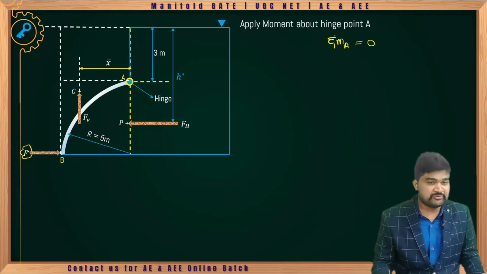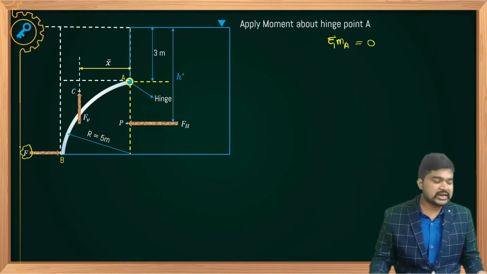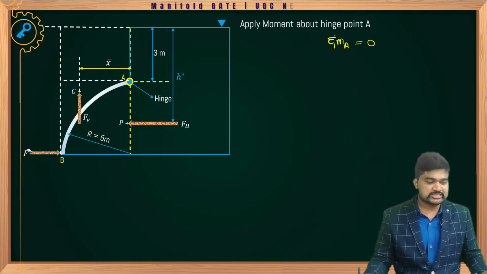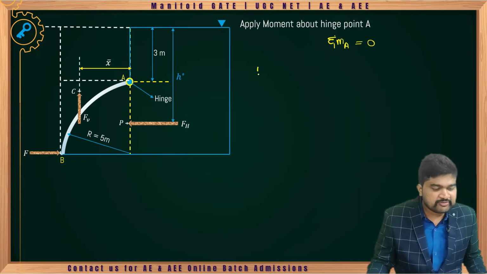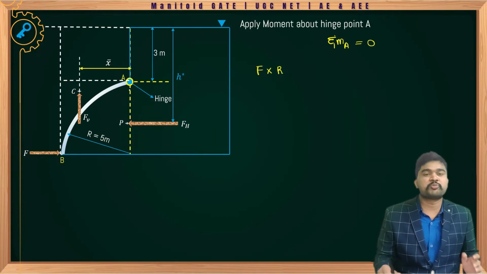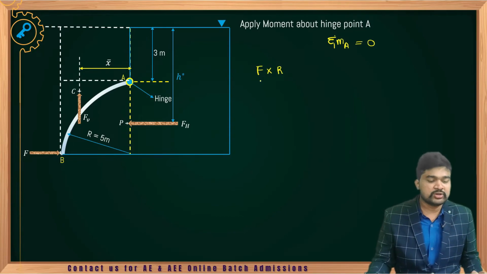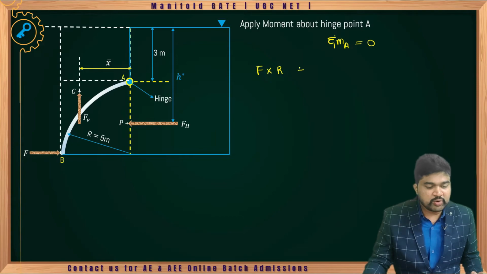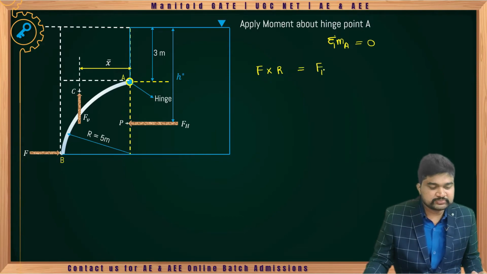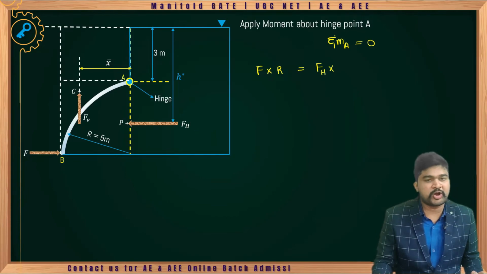Moment of force F about point A is anti-clockwise. Sum of the anti-clockwise couples equals sum of the clockwise couples. So F into radius, the moment of force F about point A, that is F into R, equals FH into the moment of FH about point A.